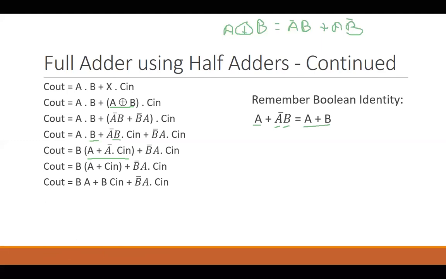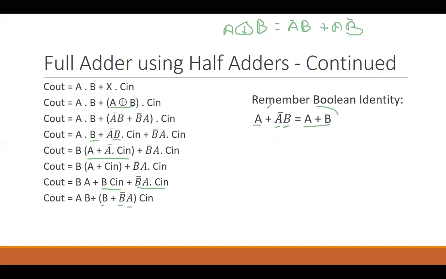Now let's look at this side. We can easily take C in common here. And when we do that, inside we are left with the same situation that we just saw. B is being added with the A and its own inverse.